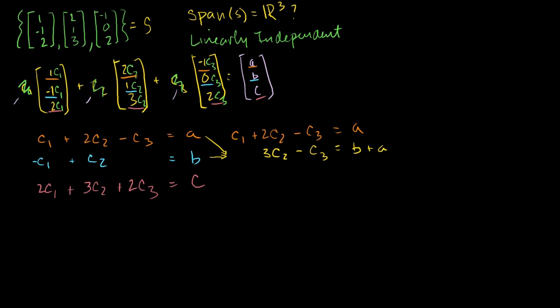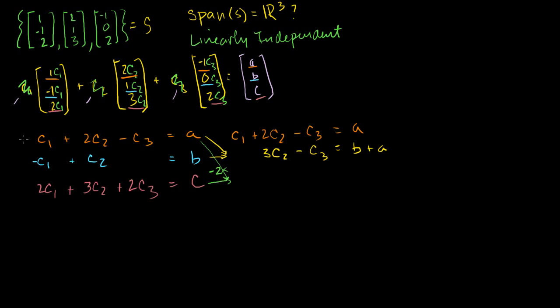Now in this last equation, I want to eliminate this term. So let's take this equation and subtract from it 2 times this top equation. So you could also view it as, let's add this to minus 2 times this top equation. And since we're almost done using this, let's just multiply this times minus 2.